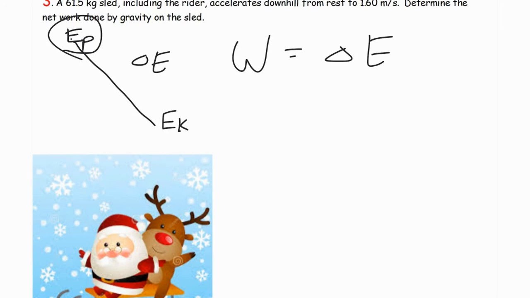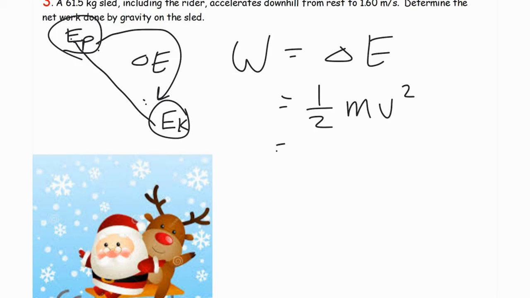I don't know how I would calculate the potential energy at the top. I don't have enough information, but I can calculate the kinetic energy at the bottom, and those two should be the same. It's just this type of energy has become this type of energy with the help of gravity. So my work is my kinetic energy at the end, which is 1/2 mv squared.